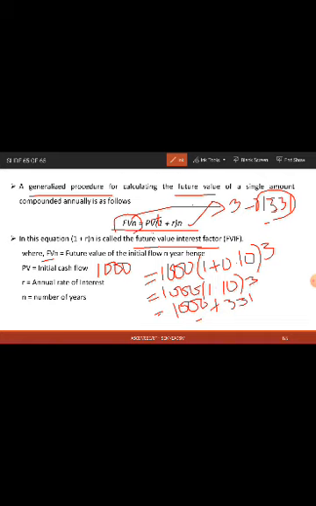So finally you will get 1331. This is the final value, the future value of the money that we are going to earn.